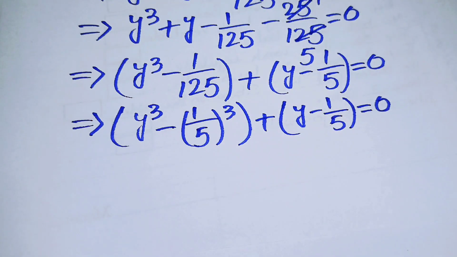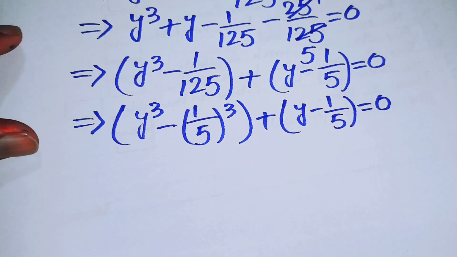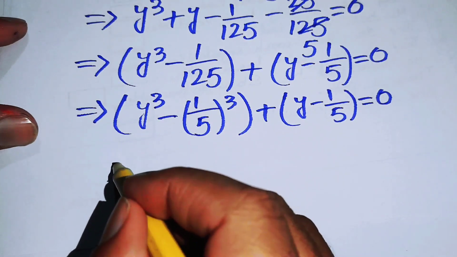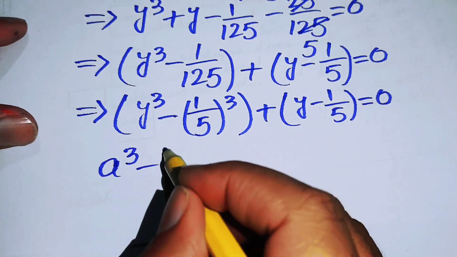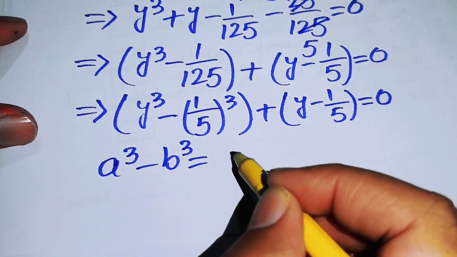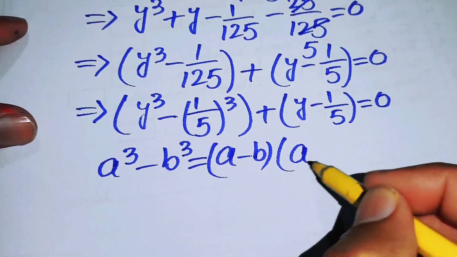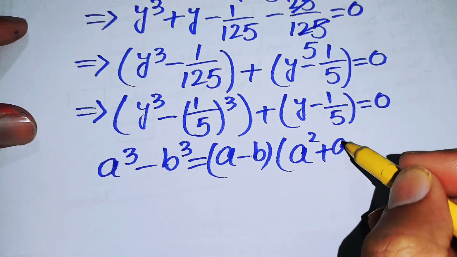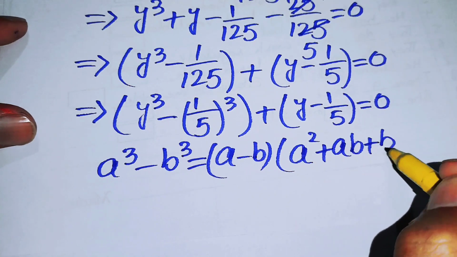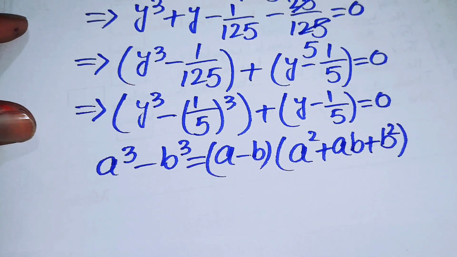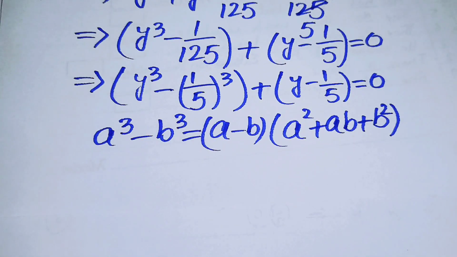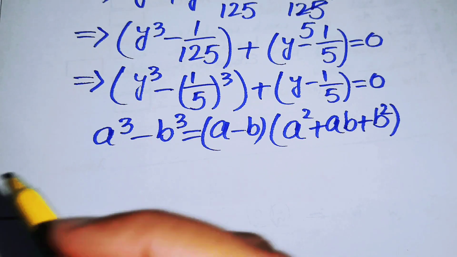So here we need to use a nice cubic formula, and you know about this formula. If we have a cubed minus b cubed, it is equal to a minus b times a squared plus ab plus b squared. So we will use this nice cubic formula in the first term.